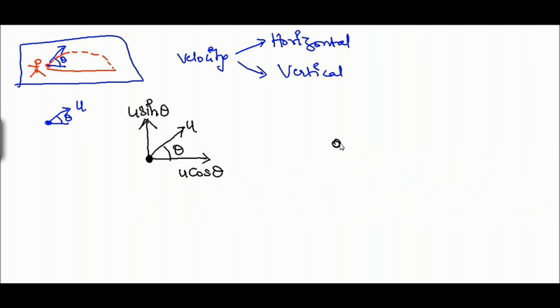Similarly, for the particle, there is a constant acceleration always acting downward, that is g, acceleration due to gravity. And the horizontal component of acceleration on this particle is 0. Taking this into consideration, now let us go with two component calculations.